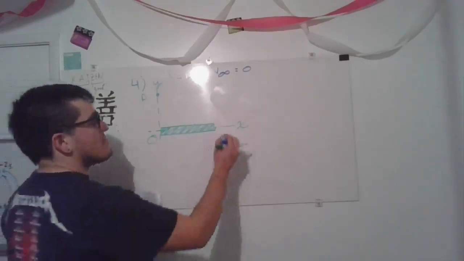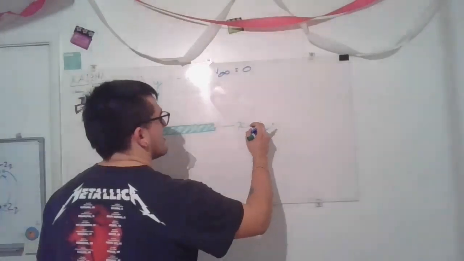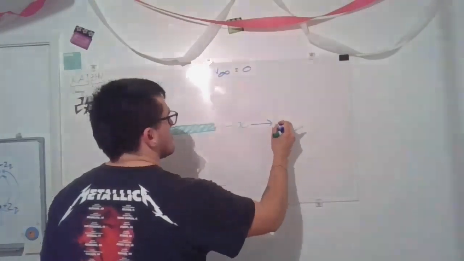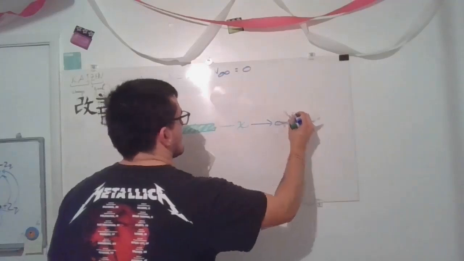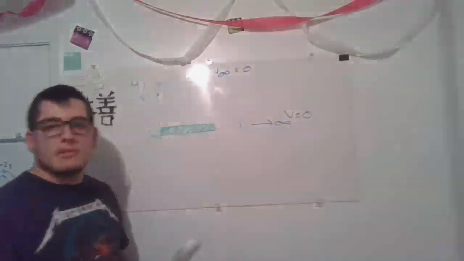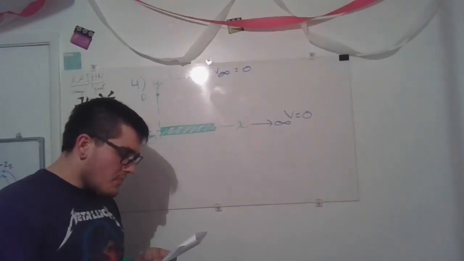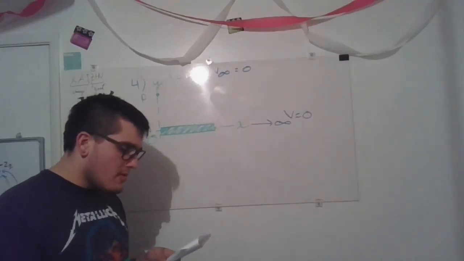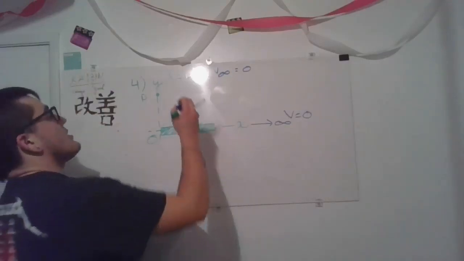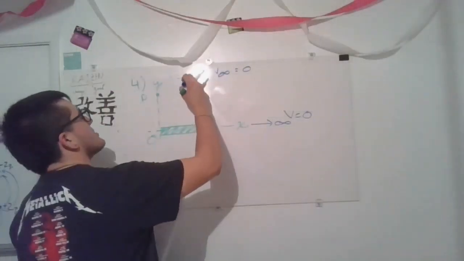That just means that if you continued along this way to infinity, the voltage would be 0. Okay, B is a constant.